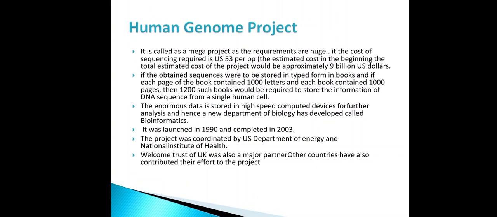If the obtained sequence were to be stored in typed form in books, where each page contained 1000 letters, that would be the information of the DNA sequence from a single human cell. The enormous data is stored in high speed computer devices for further analysis, and hence a new department of biology has developed called bioinformatics.